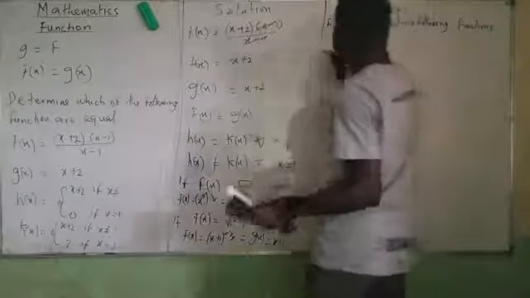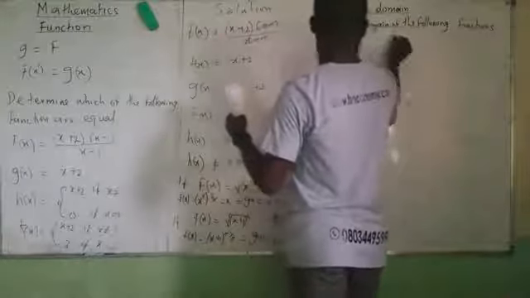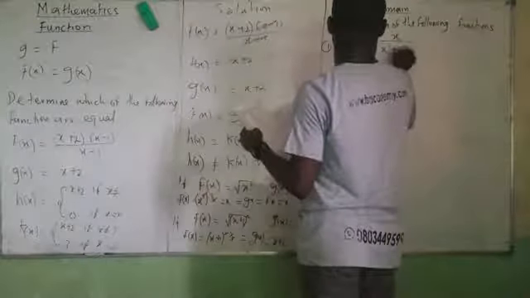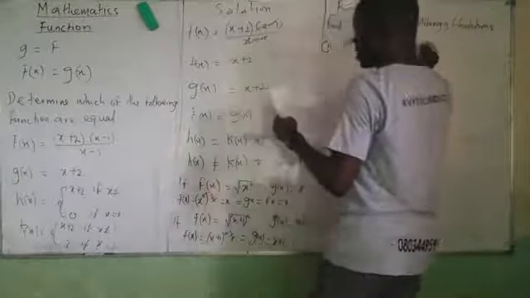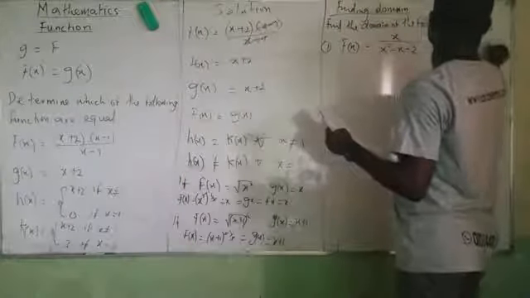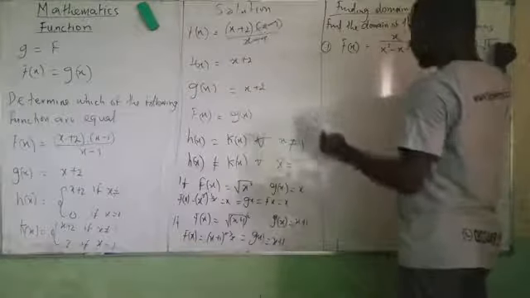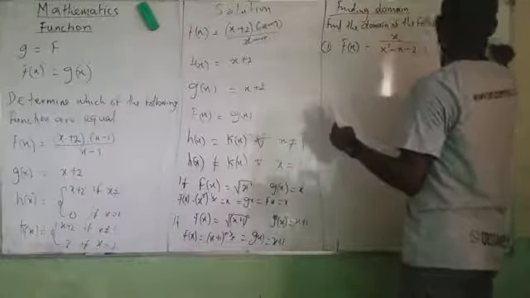Now look at function number one. I have f of x equals x divided by x squared minus x minus 2, and g of t equals the root of 2t minus 1.